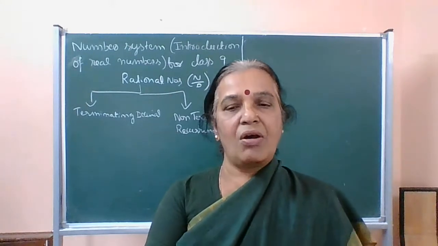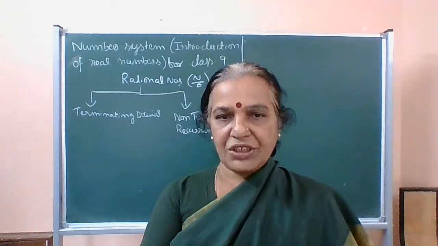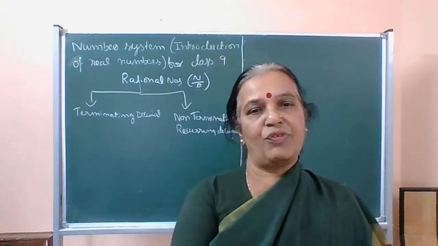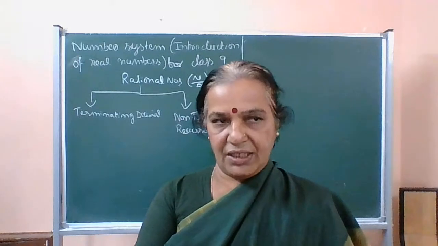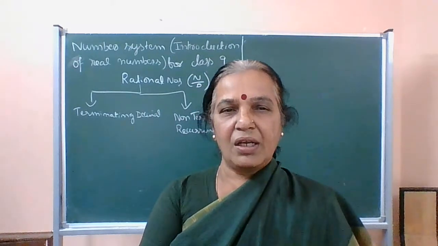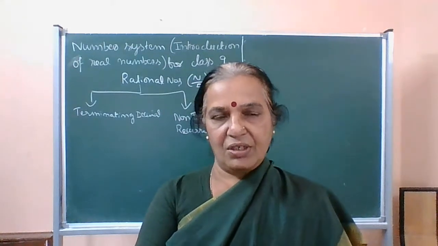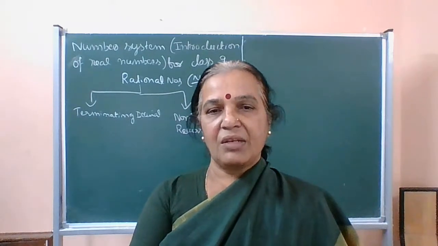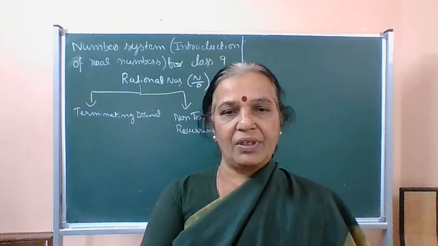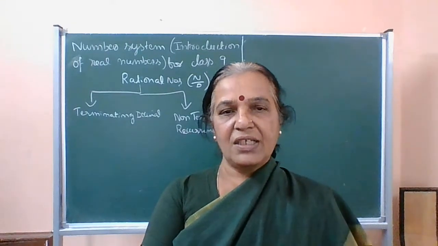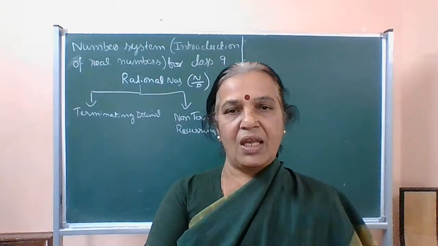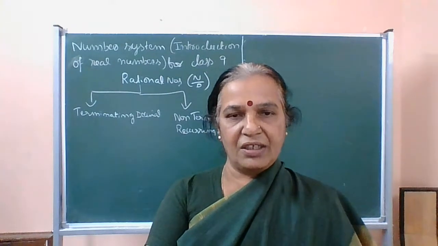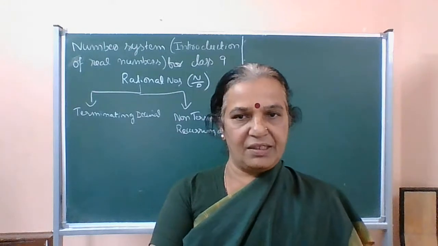That means all fractions are rational numbers because they are already in the form of numerator and denominator, and all integers are rational numbers because 5 can be written as 5 by 1, minus 9 can be written as minus 9 by 1, and 0 can be written as 0 by 1. And a rational number can be written in the form of a decimal.